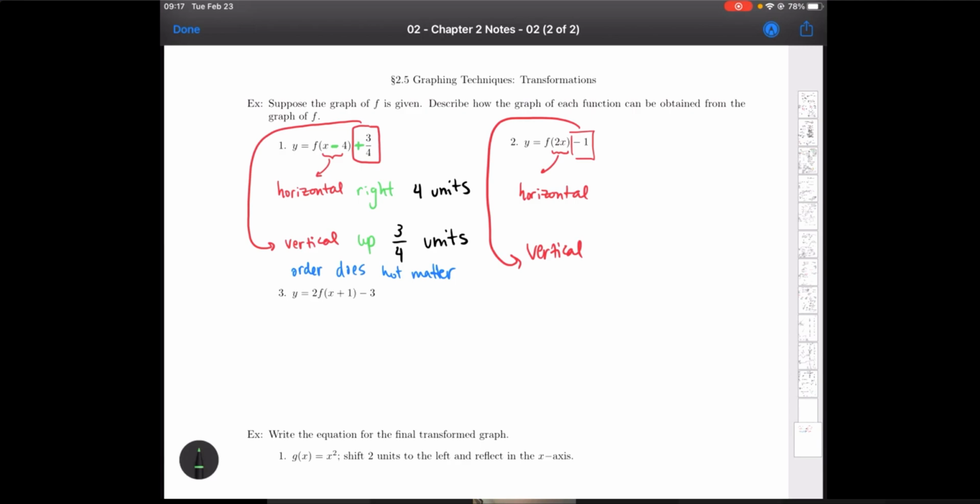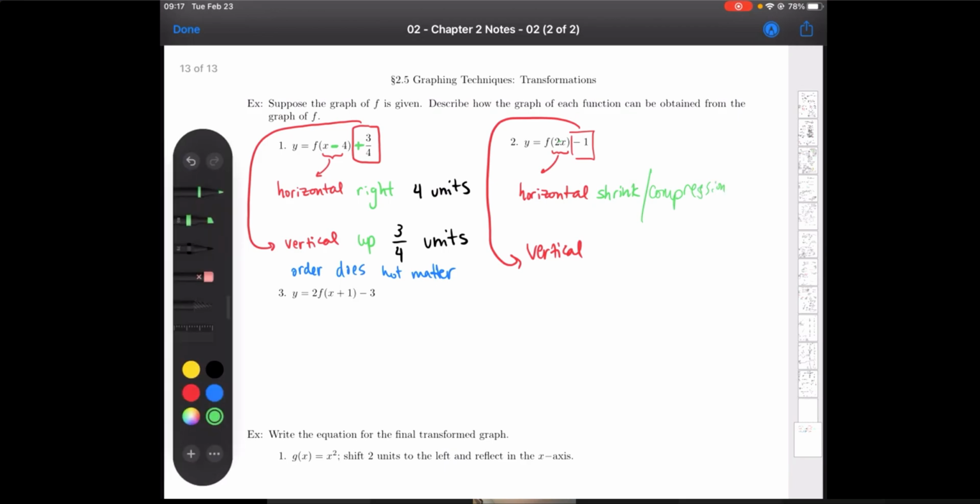So I'll do a green dot because we see that it's multiplication up here. It's going to be a compression. Good. Because remember, if it's on the inside, it's opposite of what you think is going to happen. So you're horizontally compressing this. So we'll say shrink, or another word for it is compression.